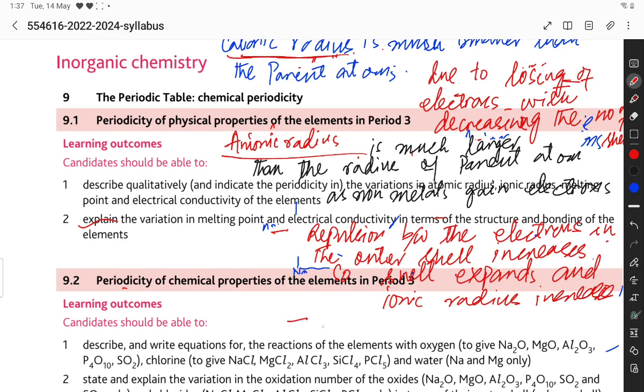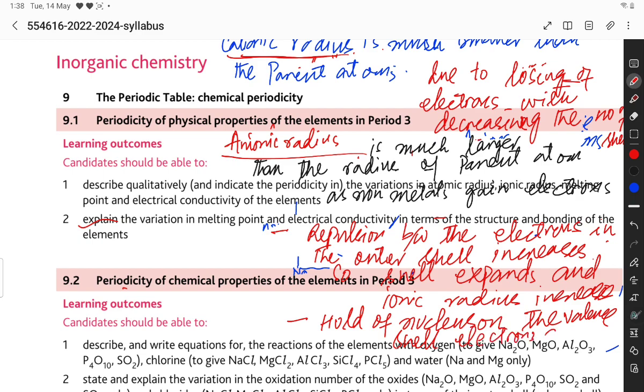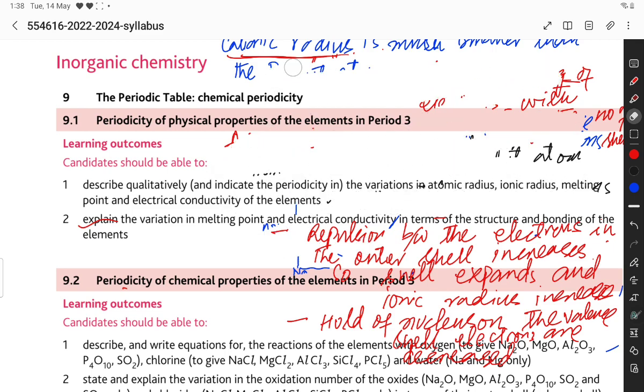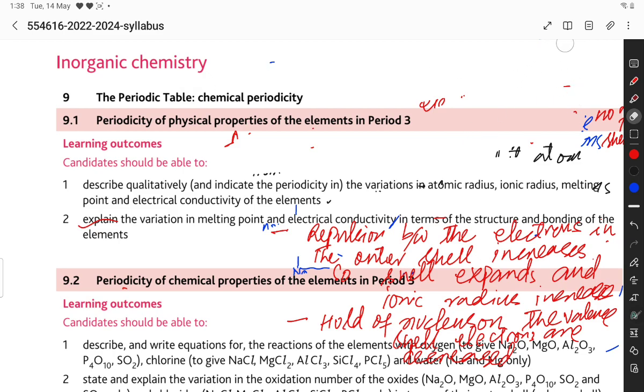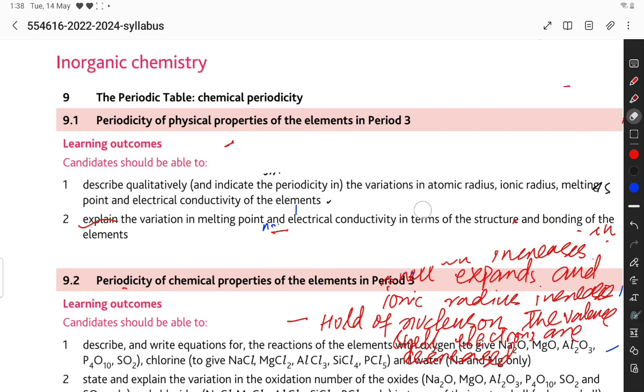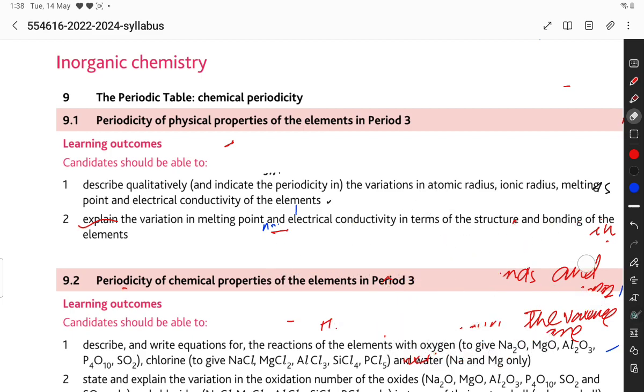The hold of the nucleus on the valence shell electrons decreases. So these are the reasons why cationic and anionic radius are decreased or increased.